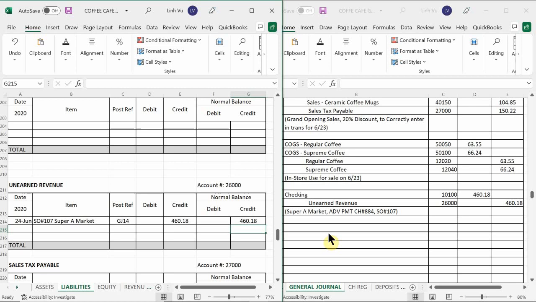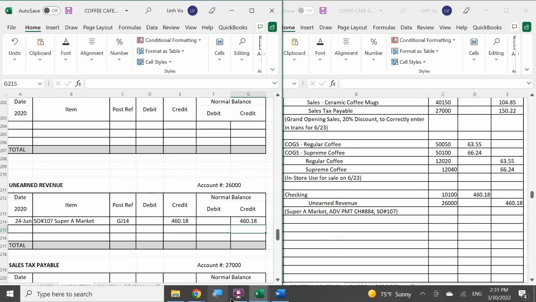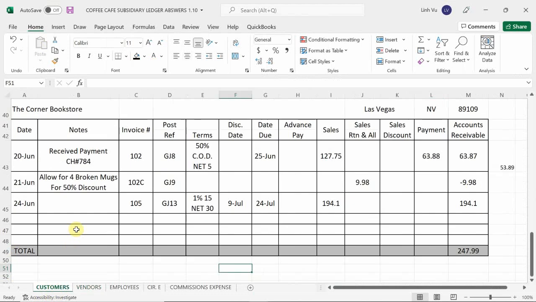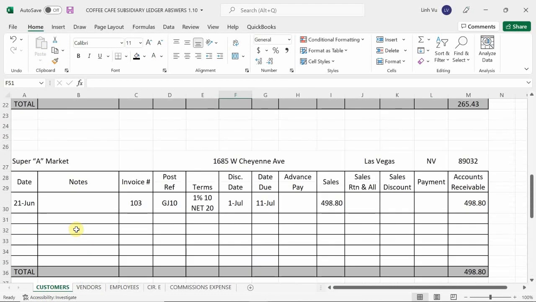And what else do we need to do? The customers in the subsidiary. Super A should be right here, right after Katie. Okay.